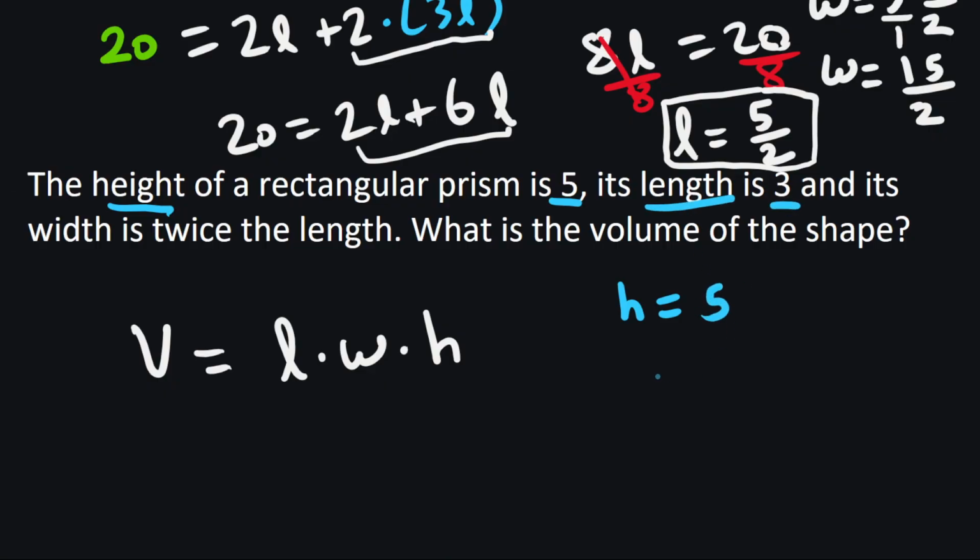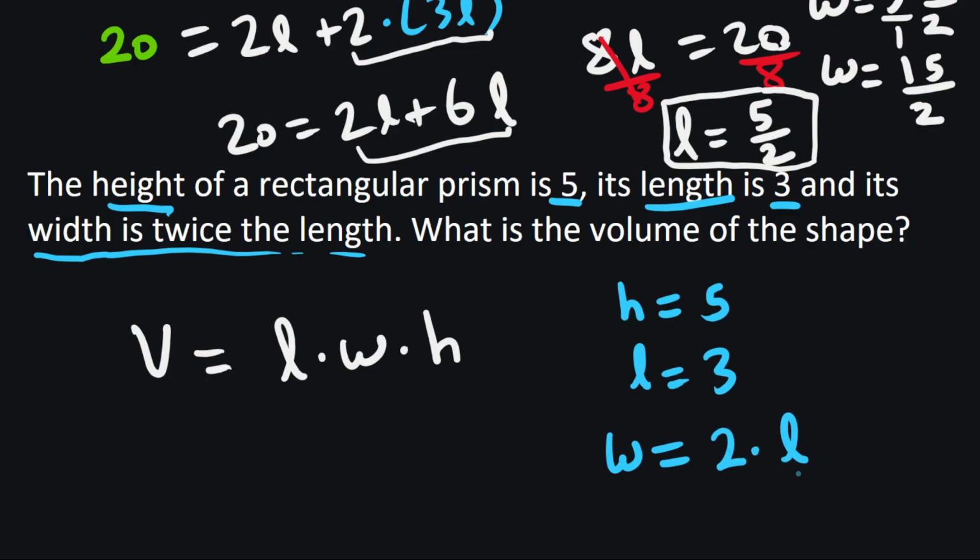Length is 3, so L is 3. And the width is twice the length. So the width, W, equals 2 times L. Good. And it's asking us to solve for the volume. So in the end, our answer is going to be the volume of this rectangular prism, and the volume V is what we're trying to find. That's what our answer is.